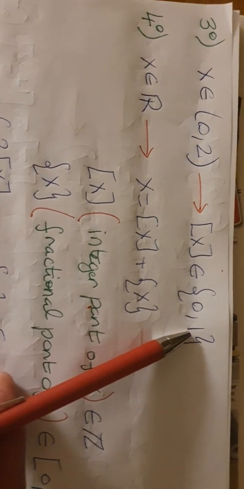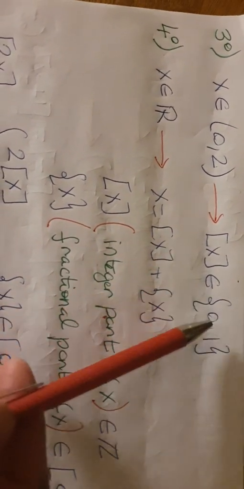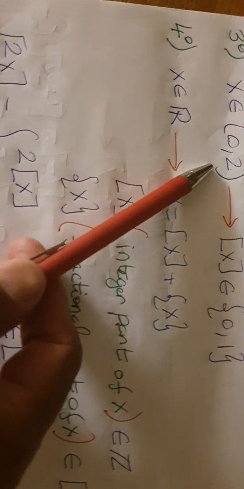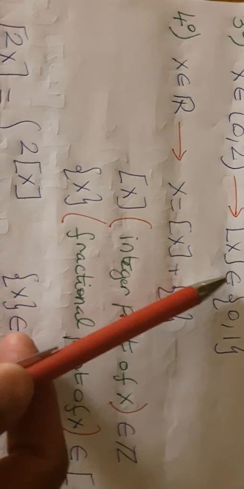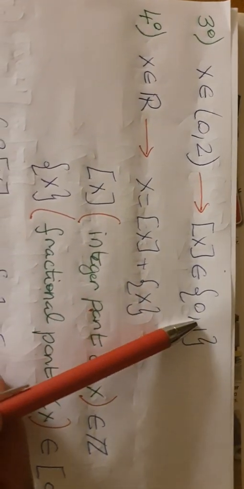And we will see later why we are doing this. So if x lies in the open interval from 0 to 2, then the integer part of x can take two values, namely 0 and 1.